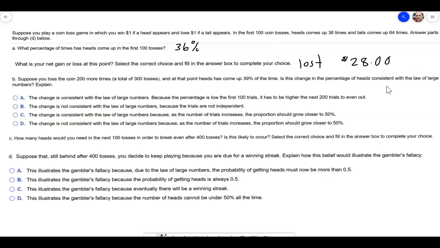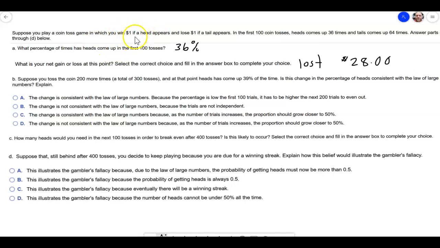All right, so let's talk a little bit about the law of large numbers. The law of large numbers basically tells us that if we just keep tossing a coin or doing some event a huge number of times, we're going to approach the probability of it actually happening.